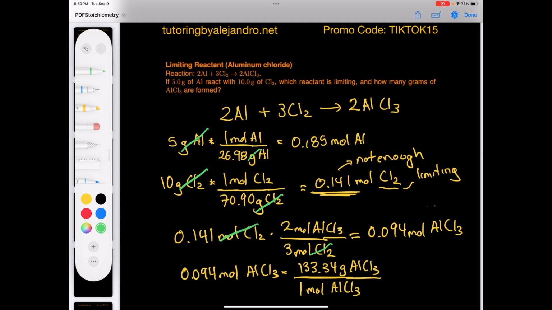Okay, so again, moles cancel out. I'm left with grams, and my answer is approximately 12.5 grams of AlCl3. Okay, and that is my answer for this exercise.